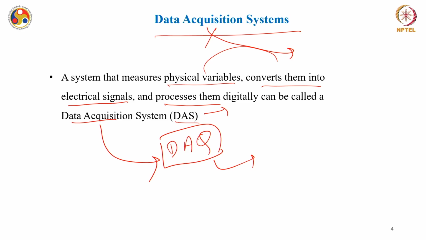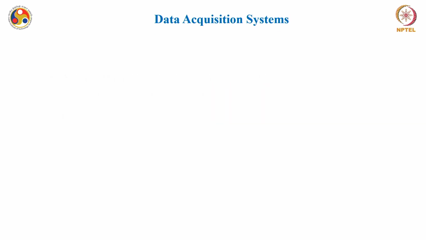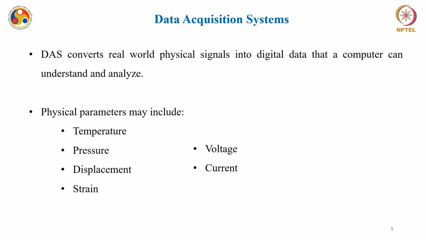Acquiring the data is kind of done when you have acquired it in the analog format. But a data acquisition system will not only measure, it will convert and then process them digitally. The DAS converts the real world physical signal, which is the analog signal, into digital data that a processor can understand and analyze.